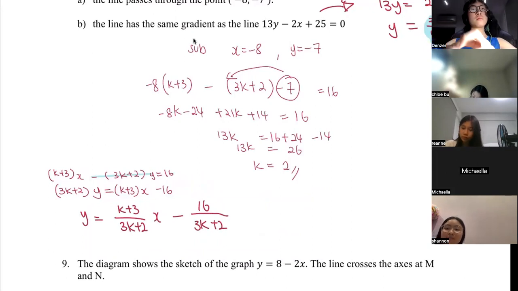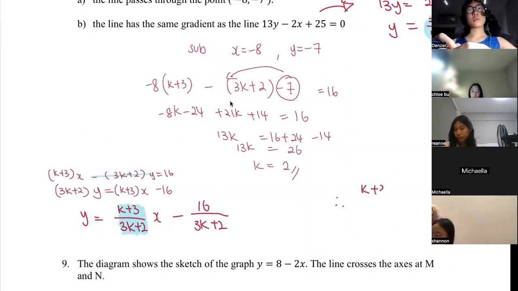And they tell me they're having the same gradient. Where is the gradient in this question then? Ooh, Shannon, well done. Hi. Okay, the gradient, isn't it this one? M. 对不对? And the gradient is 2 over 13. Just now we found. So what can we say?